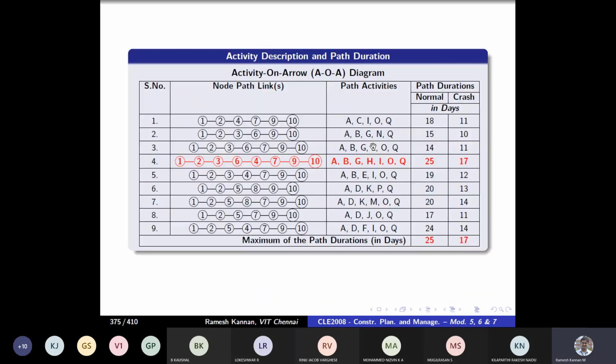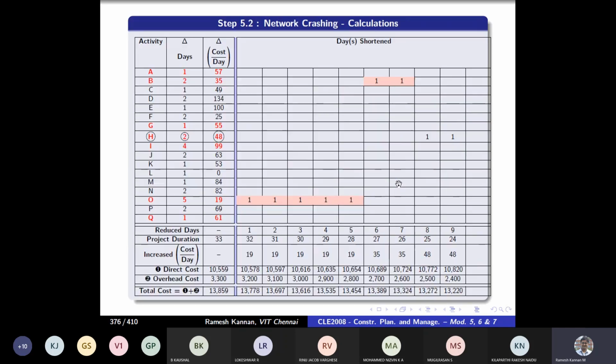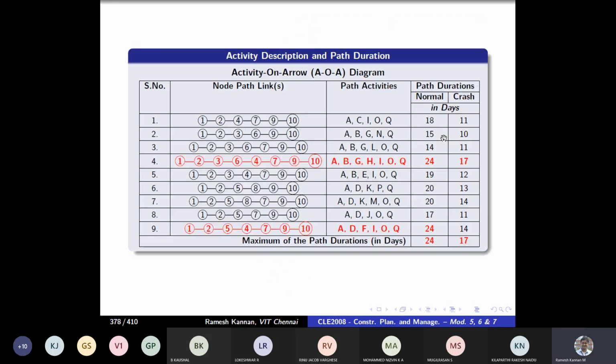So we'll reduce it to 2 and see there's no single critical path. This is 25 and this is 24, so it's almost equivalent. So we check that, and finally both paths become critical, 24 and 24. So we have multiple critical paths.